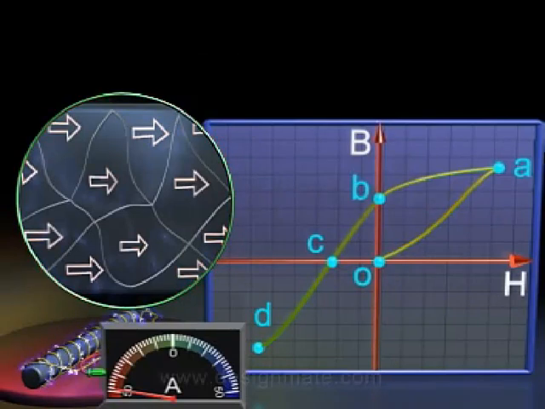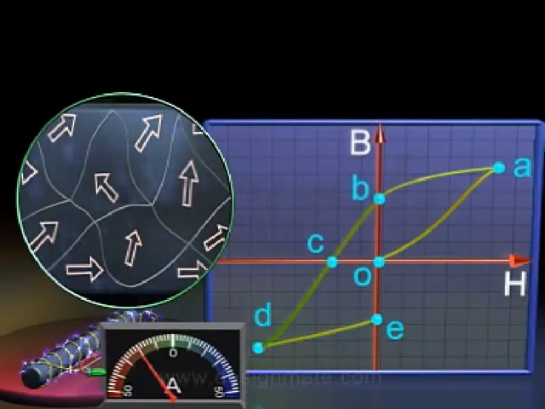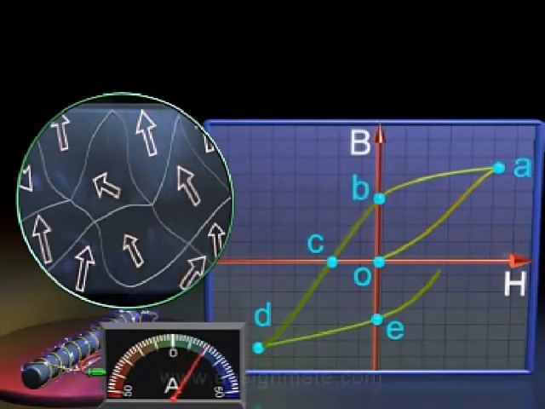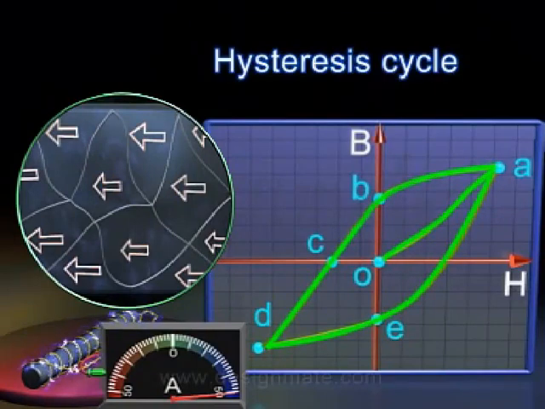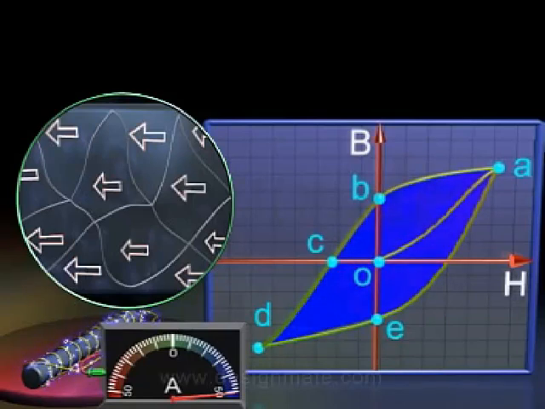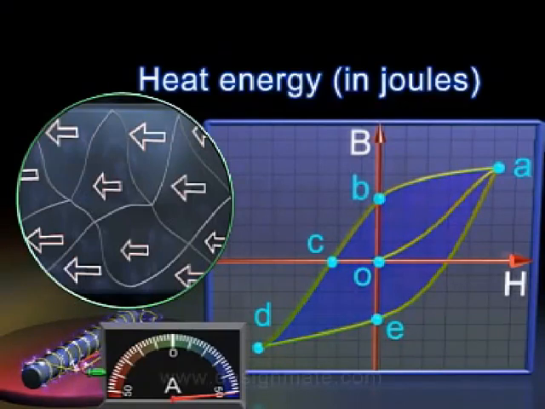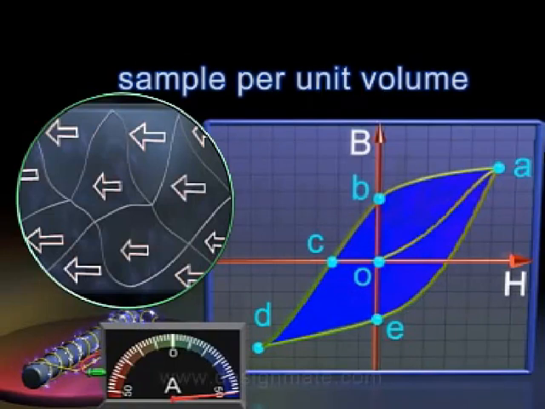After reaching D, if the current is reduced, the substance follows the curve DE, and again, by reversing the current direction and increasing its value, we obtain the curve EA. This process is called hysteresis cycle. The area enclosed by the BH curve represents the heat energy in joules lost in the sample per unit volume.